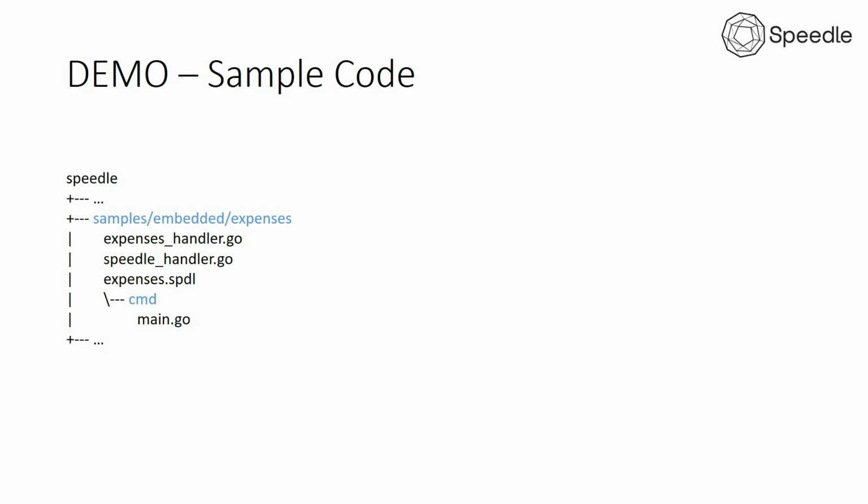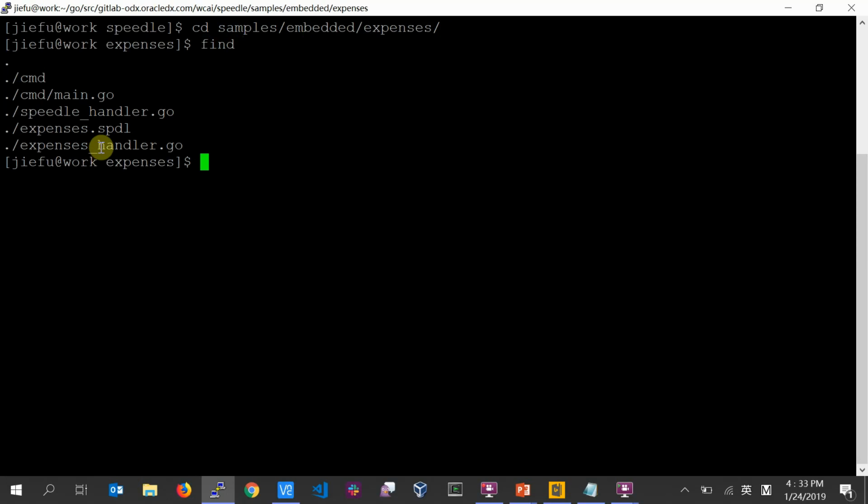This tree shows the directories and files of this sample. Let's enter the samples directory. Expenses handler is the code for expenses requests.